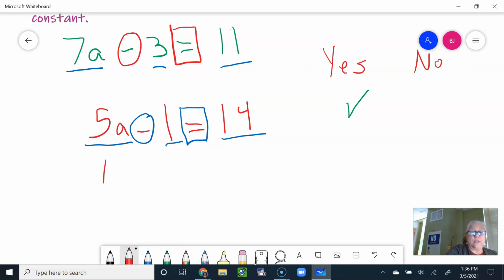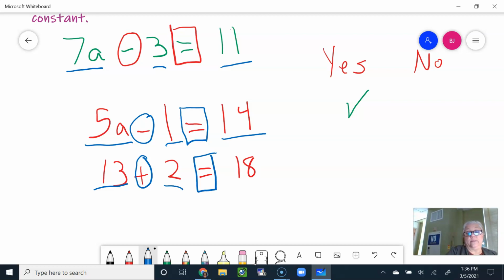Well, let's look at this next one. If I were to put 13 plus 2 equals 18, is this an equation? Well, let's look at it. It does have a term. It has an operation. It has another term, and it has an equal sign. But is this final term correct?